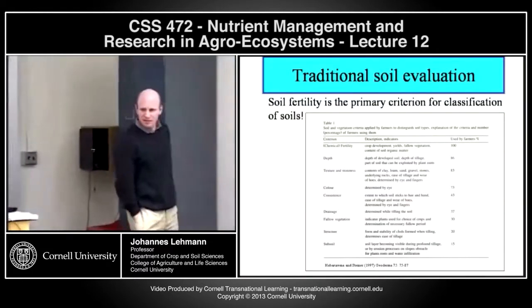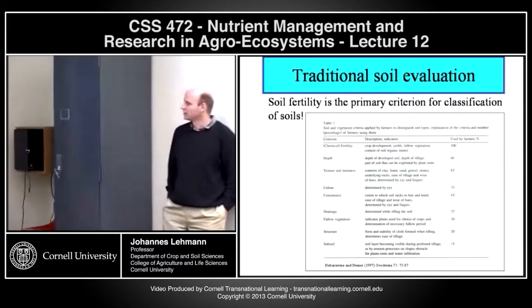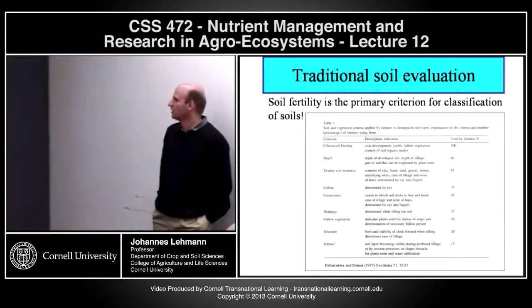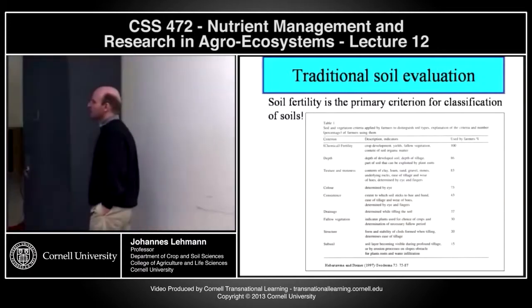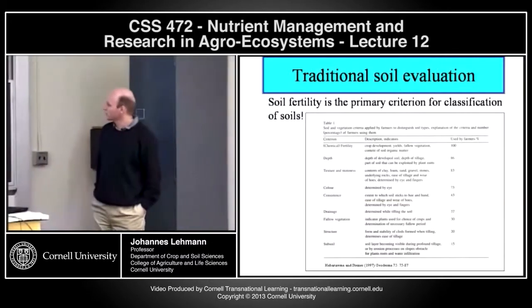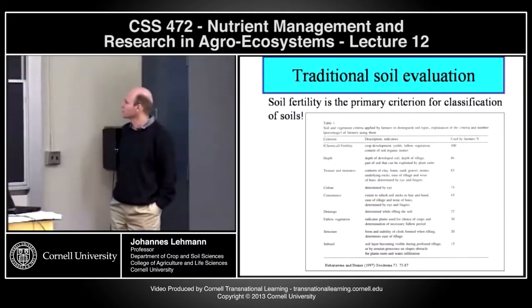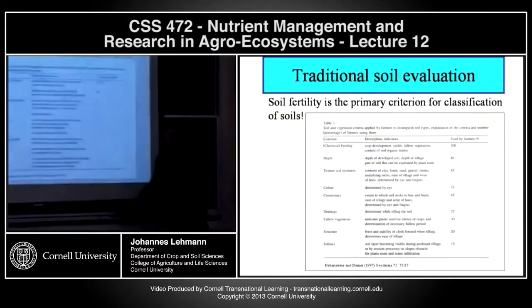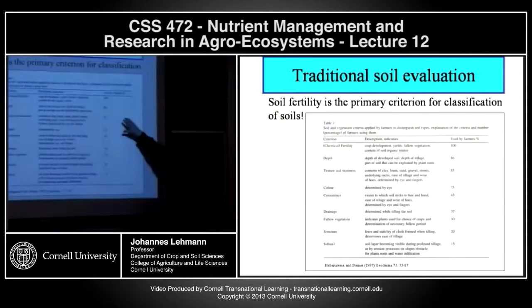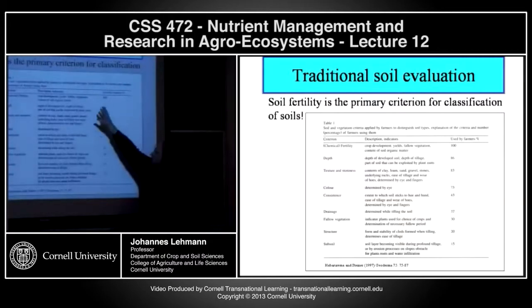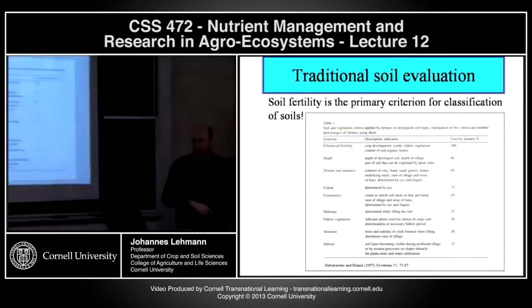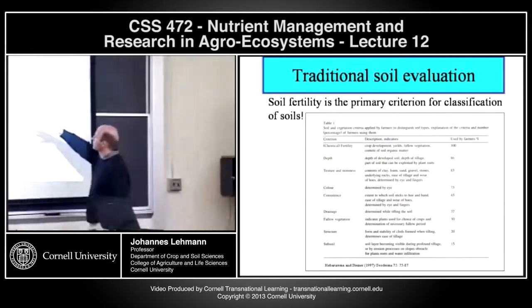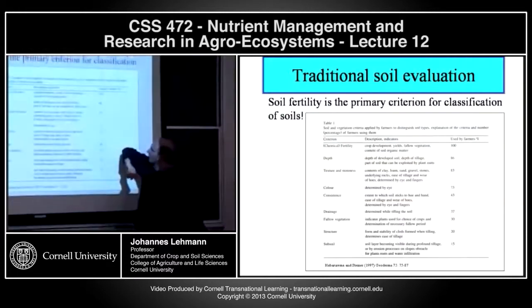And this is the last thing I want to quickly highlight, and this is actually just a placeholder for what we discussed a week ago when Julie was here: that in a lot of the traditional or farmer perception of soil fertility, and this figure or table highlights this from work in Rwanda, I believe, soil fertility in their assessment was the most important criterion for classifying soils, and they did that by looking at crop development and yields and content of soil organic matter.